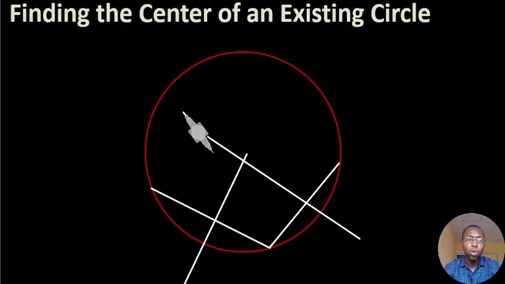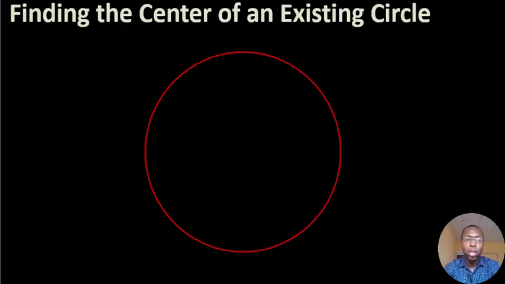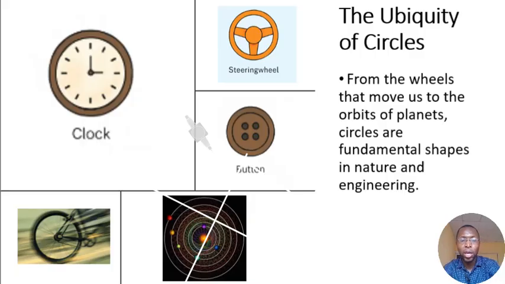All right, so these steps are very simple in drawing circles. Now circles are applicable in almost all aspects of life. Some of our workflows are in the form of a circle shape. The steering wheel of vehicles is in the form of a circle.